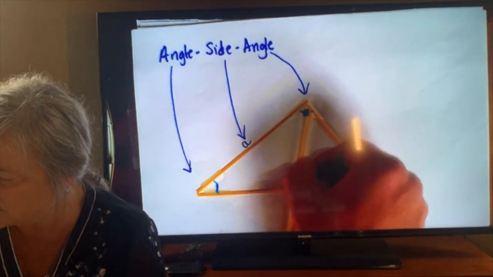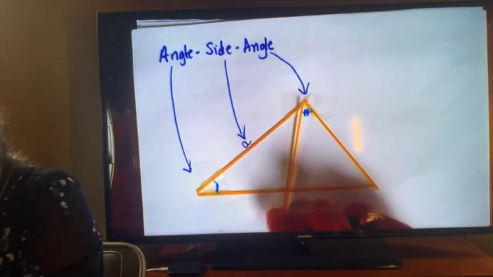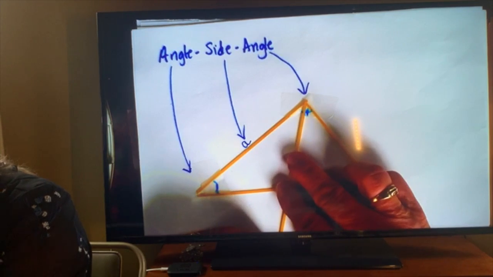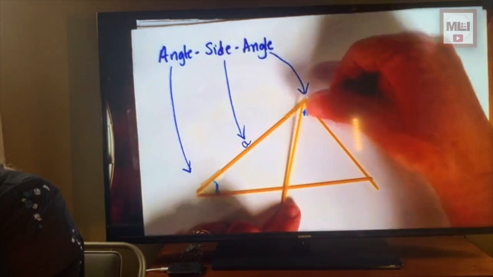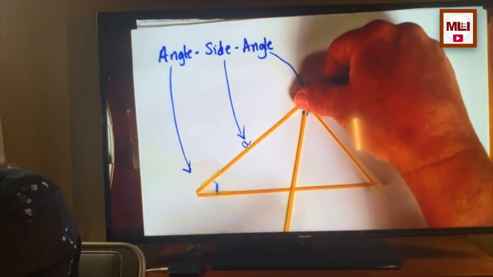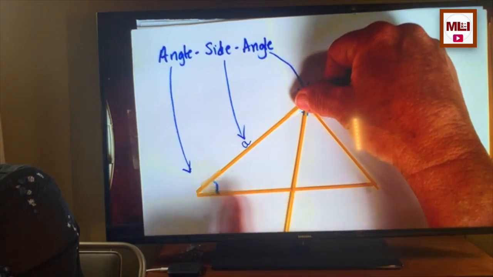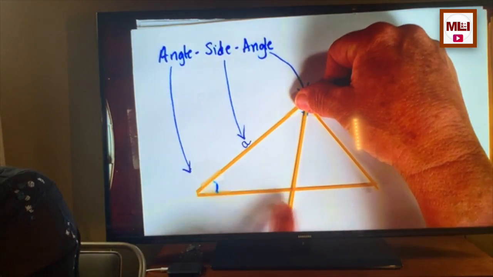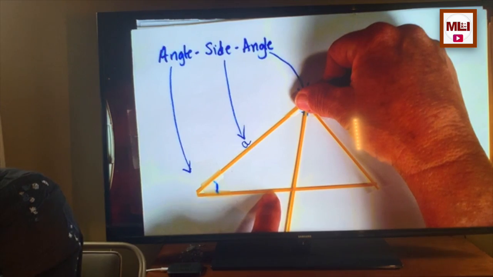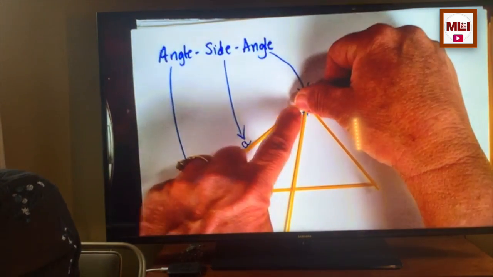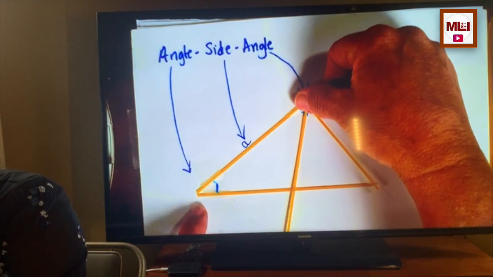But look at this one. If the angle's smaller, so if their angle goes in here and it's smaller, look what happens to the original side. The original side is like this. So if this angle is smaller than that angle, the side opposite it, we say the angle and the side opposite, that's smaller too.